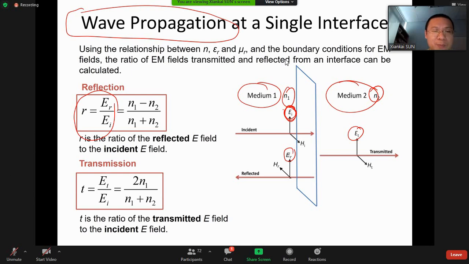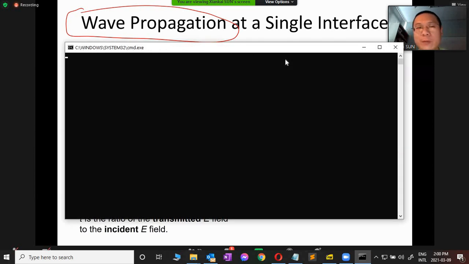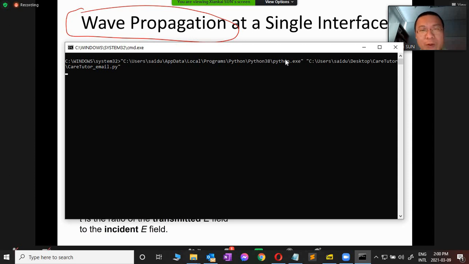They can be expressed as a simple formula, including N1 and N2. And they are derived from the boundary conditions. So I can quickly derive them for you. Before that, let me review the boundary conditions I introduced to you previously.